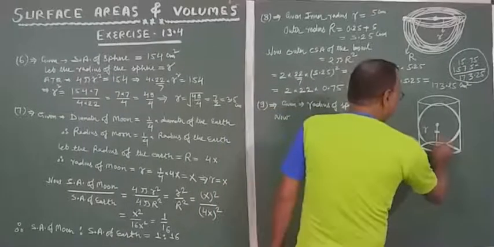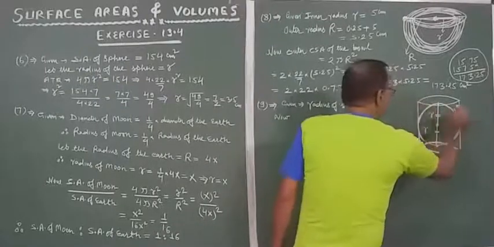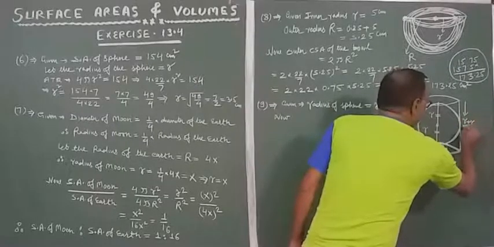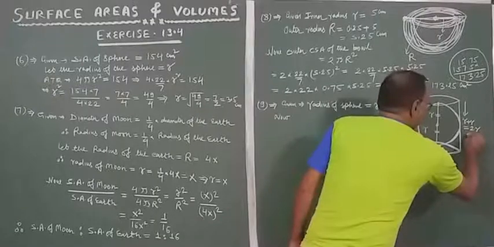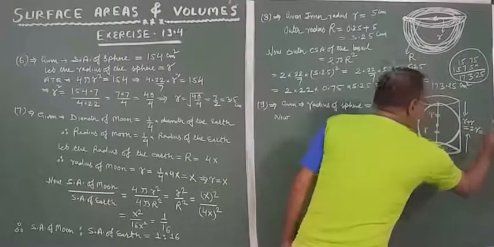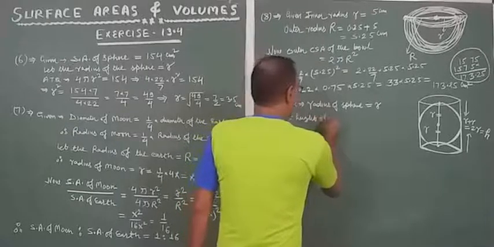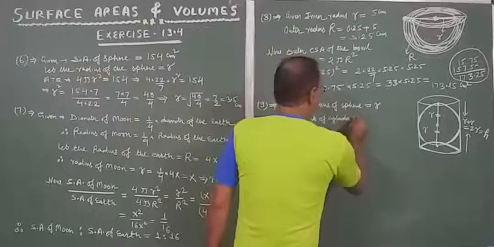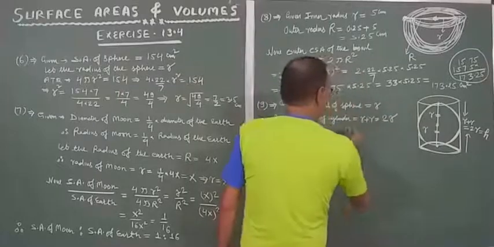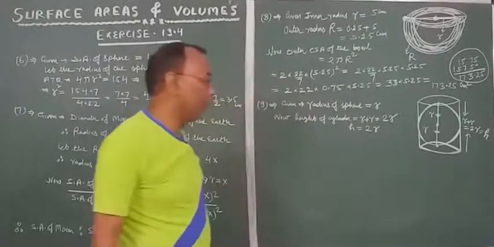If this radius is r, this distance will also be r, and from here to here is r plus r, which is 2r, and this is the height of the cylinder. So the height of the cylinder h is equal to 2r.